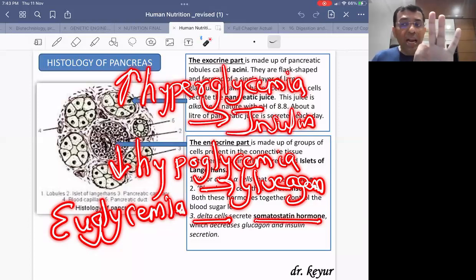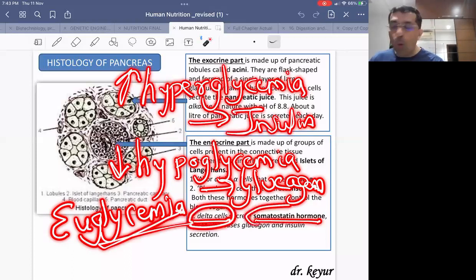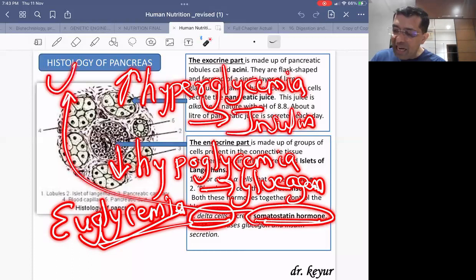When you are euglycemic, then your delta cells will give out somatostatin, and somatostatin will act on beta cells and stop producing insulin.